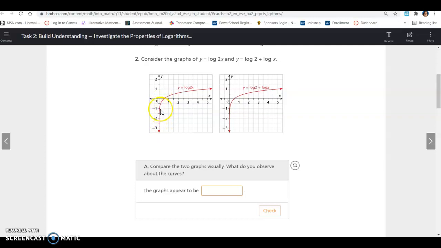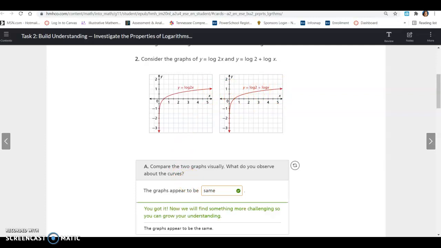So I have a vertical asymptote at x equals 0, and it would cross at, let's see, if this is 1, then that would be 1/2. So these look like they are the same function. Okay, so the graphs appear to be the same.